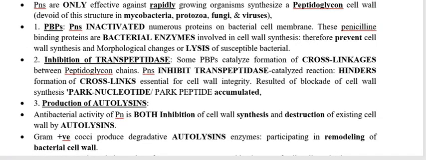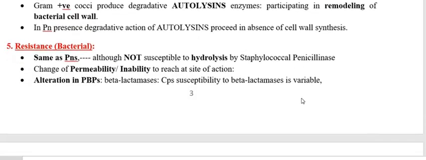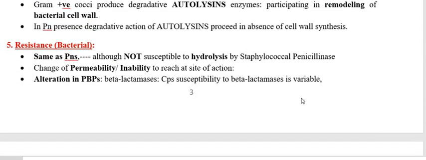Now we have to discuss bacterial resistance. The bacteria develop resistance against the cephalosporin. Likewise the mechanism of action, the resistance property is also the same for cephalosporin as for penicillin. First, they inhibit the entry of the drug.